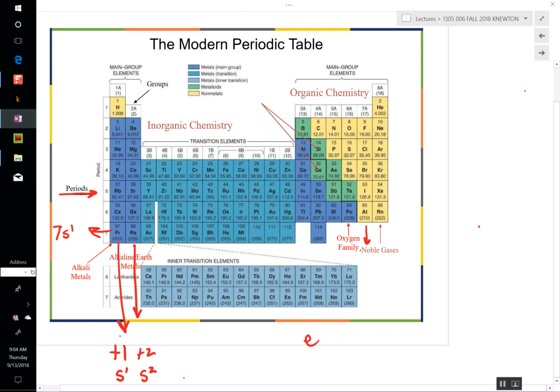The halogens have an s2p5 ending in their electronic configuration. They always form -1 ions. Okay, so we're seeing this strong correlation between where it is in the periodic table and its electronic configuration.